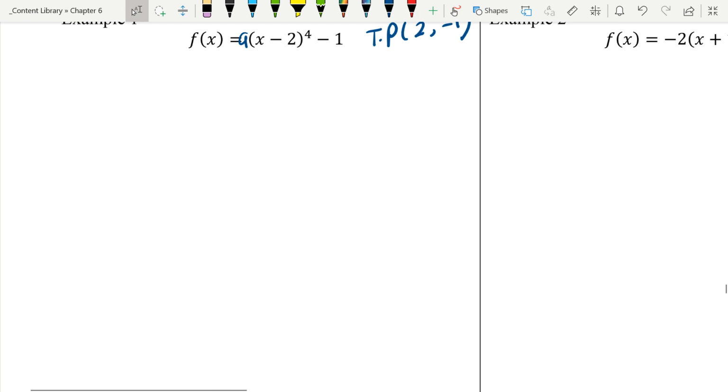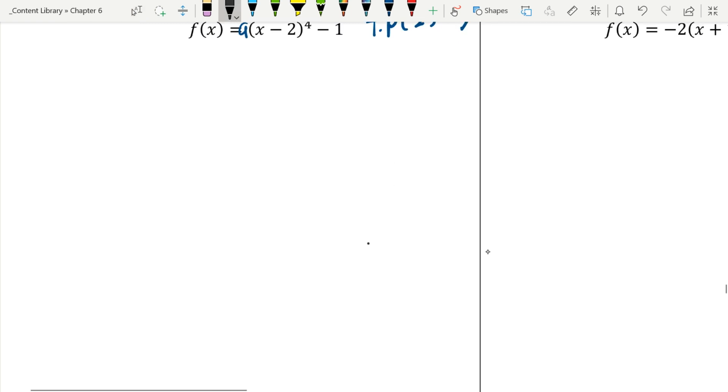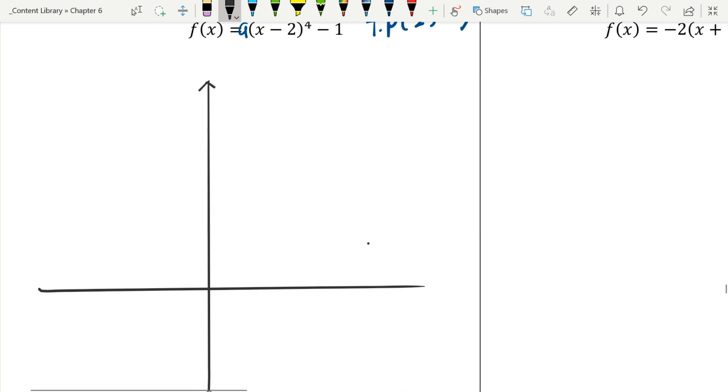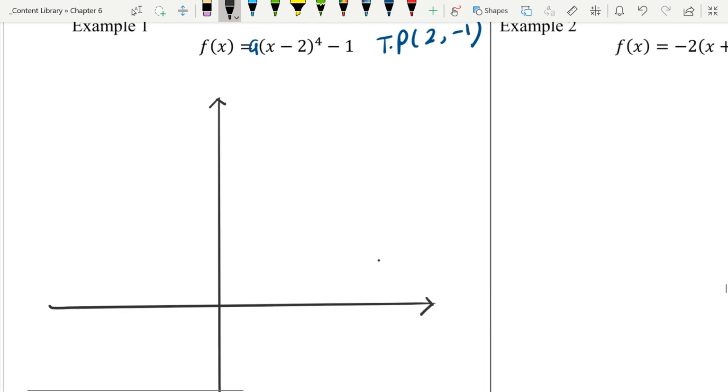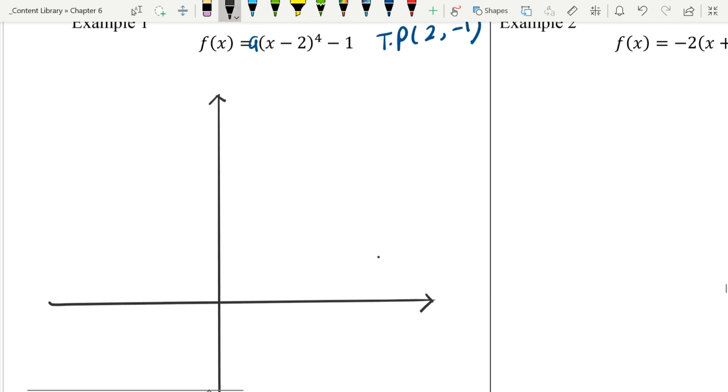So let's put it down. So we have 2 comma negative 1, which the point is here. And I'll roughly sketch it. It will be something like that. Okay, so it's an upwards one.